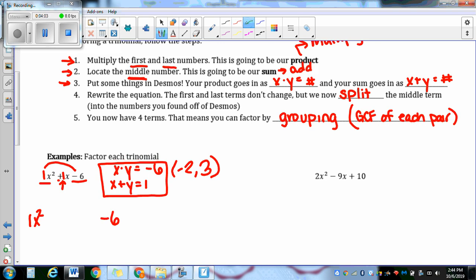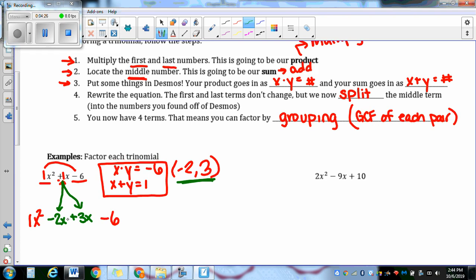I want -2x and then a positive 3x. So I took this guy and I split him. He has an x, so these guys both have an x. And then these numbers came off of where they cross on Desmos. All right, and that's it. That is the new part that we did.